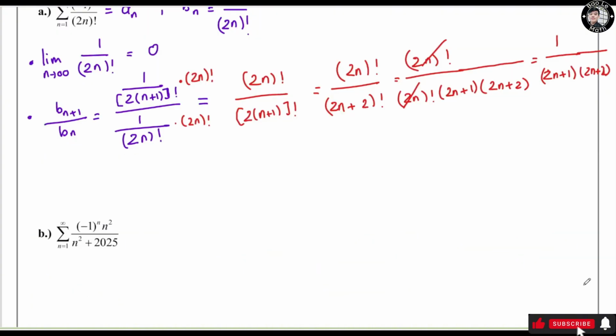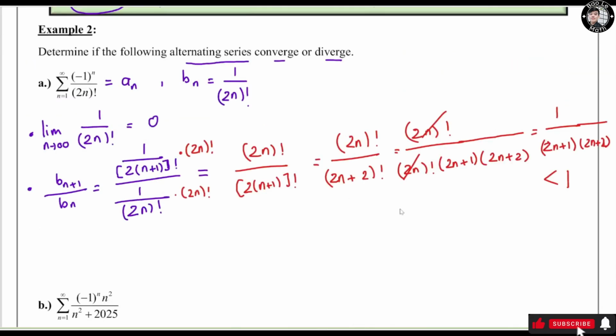And look at the bottom right here, it's always greater than 1, so this fraction is always less than 1. So this tells us that b sub n is decreasing. So by the alternating series test, this series converges.